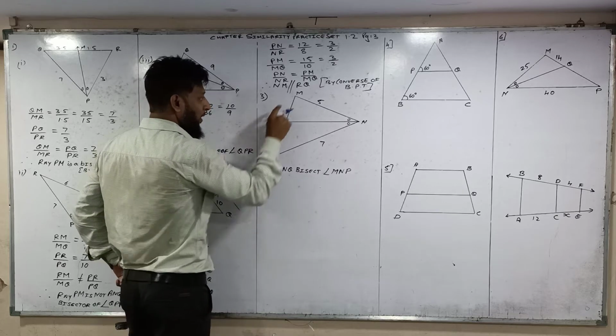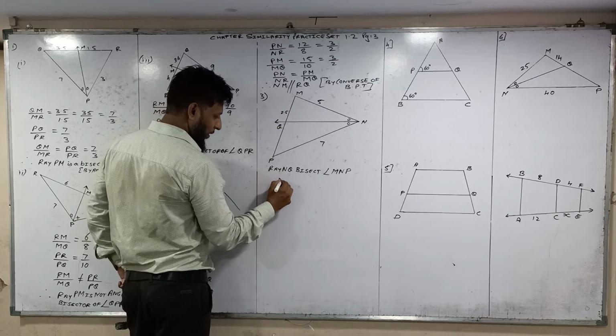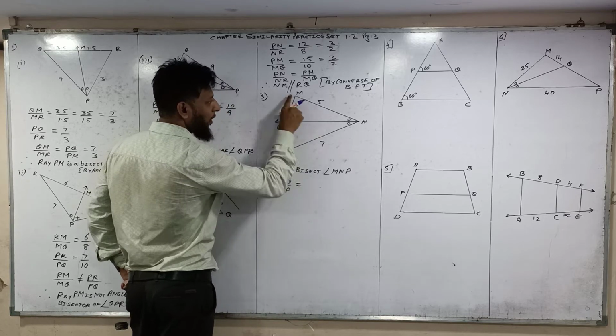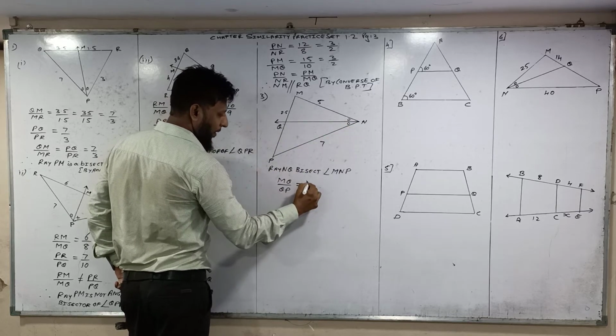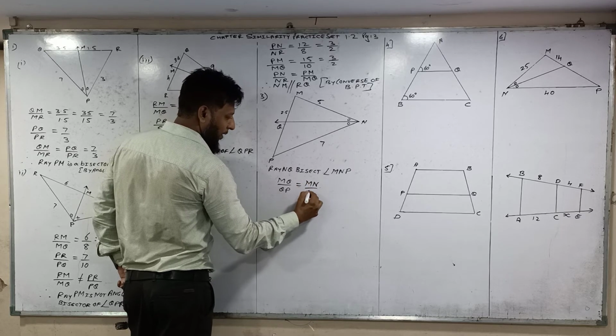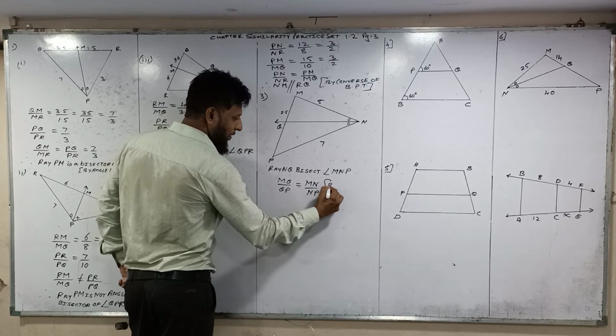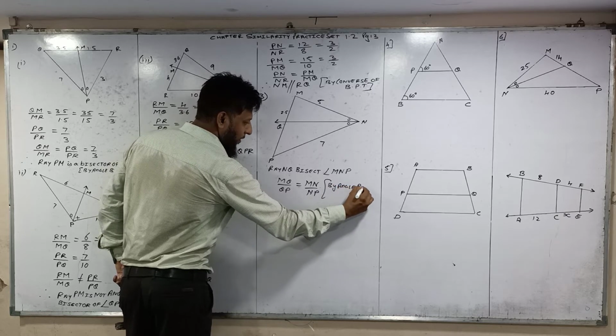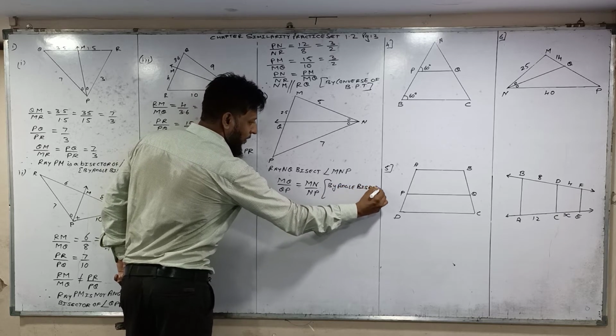It is given. Now MQ upon QP is equal to MN upon NP, by angle bisector theorem.